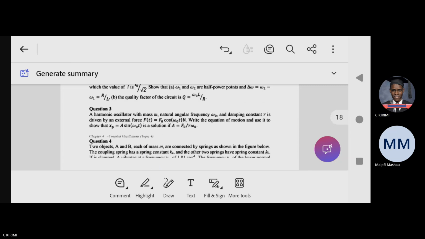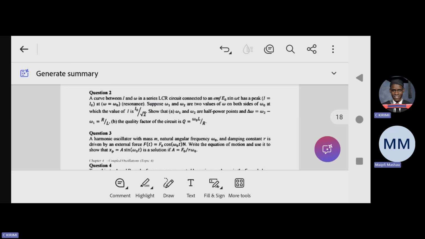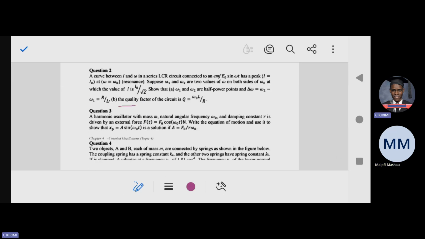the quality factor of the circuit. Yes, the quality factor of the circuit is given by Q equals W naught multiplied by L over R. So in other words, they are just saying Q equals W naught multiplied by L over R, the multiplication.